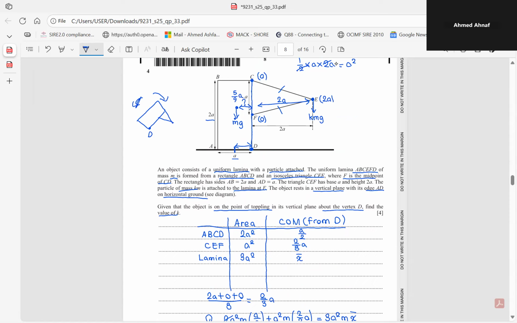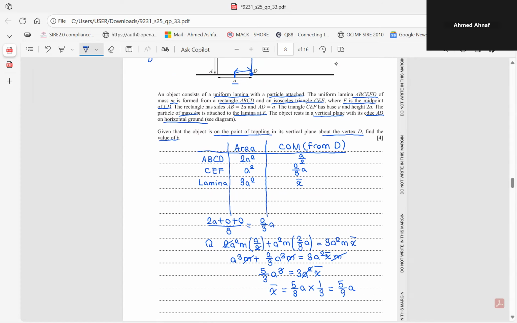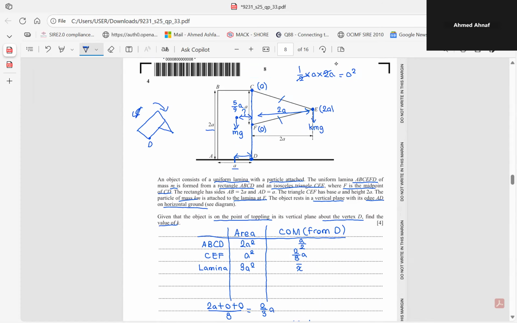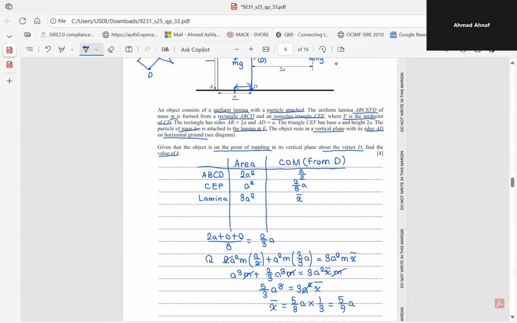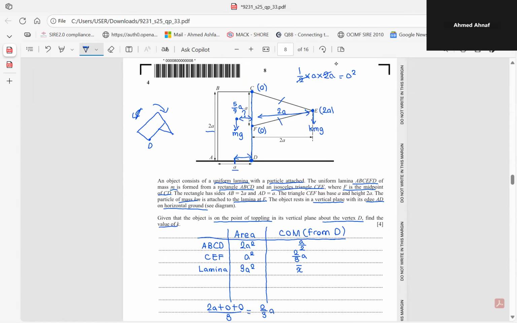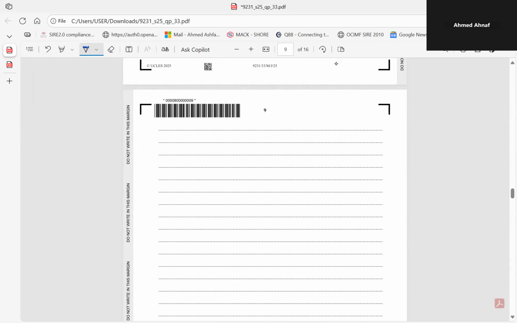So now we're ready to take moments about the vertex D. Okay, so let's form the equation here. So this weight is going to cause an anti-clockwise moment. So the weight times the distance is 5 over 9a.